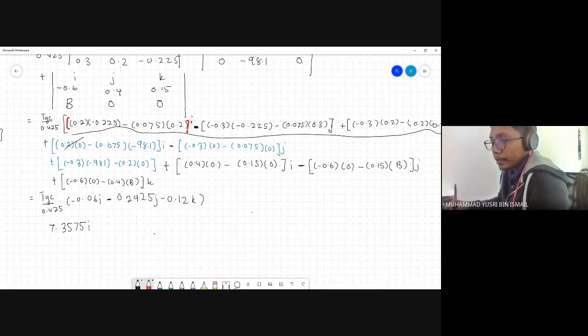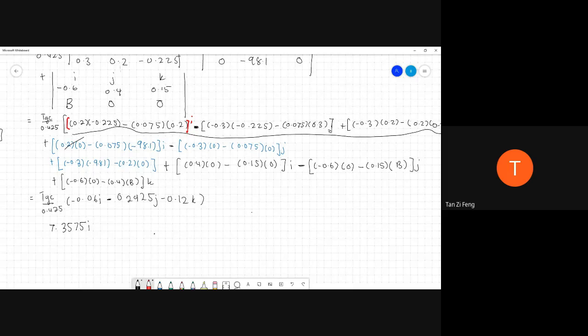So for the TGC, the J value is negative 0.045, right?